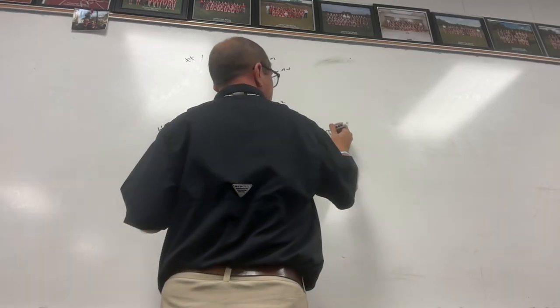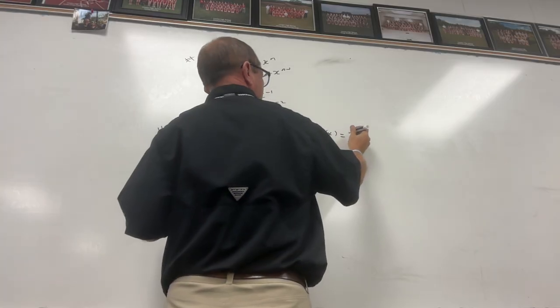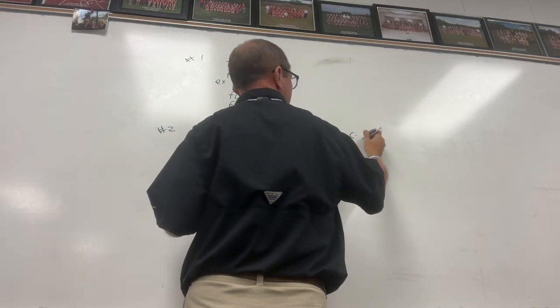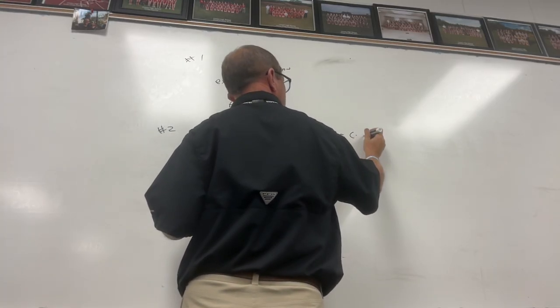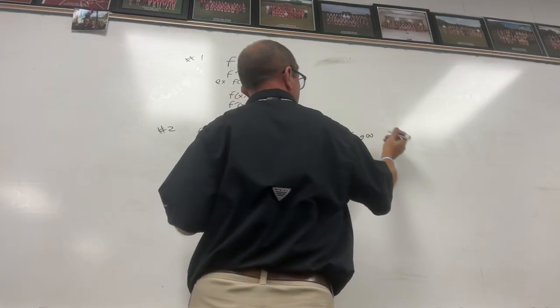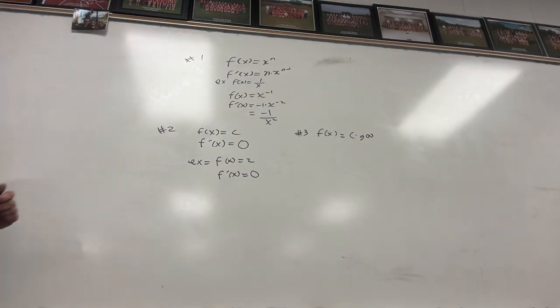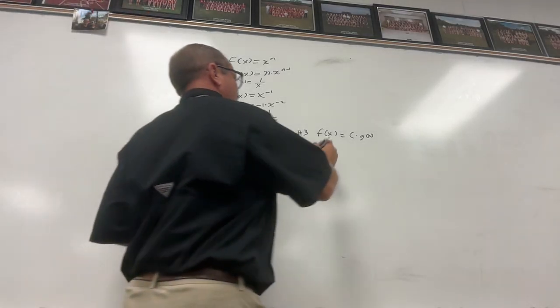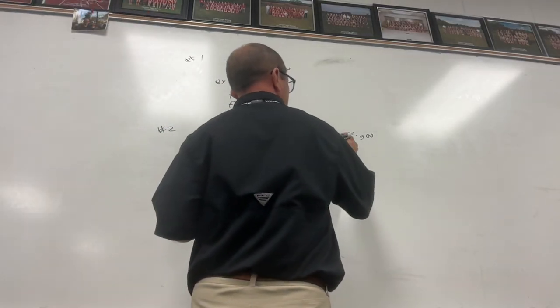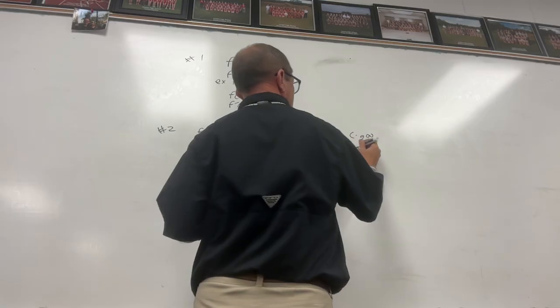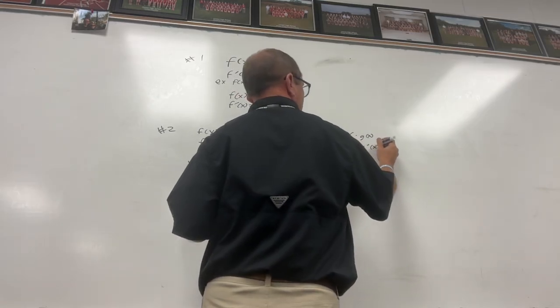If f of x is equal to a constant times a function, let's just say it's times g of x, so f of x equals a constant times g of x, then f prime of x is going to equal the constant times g prime of x.